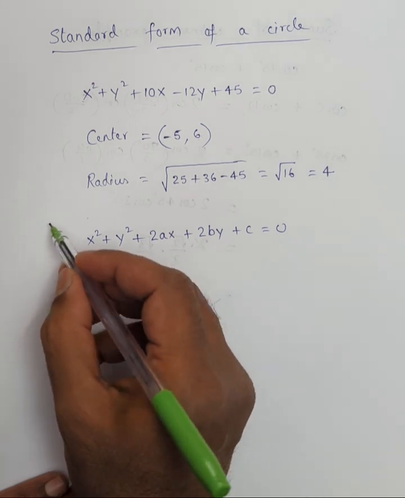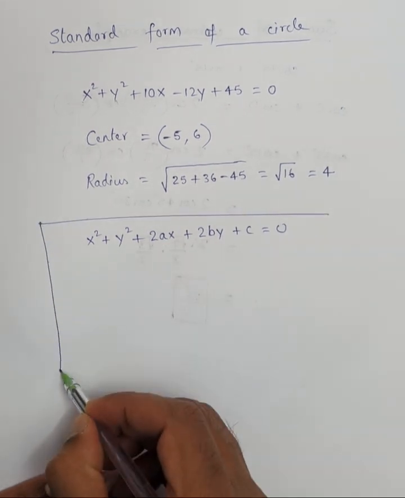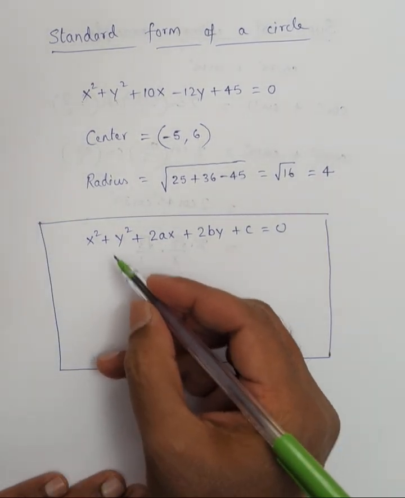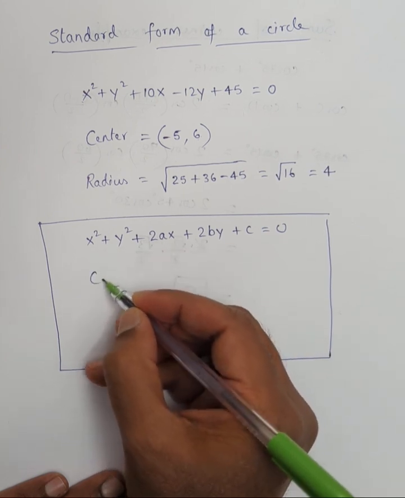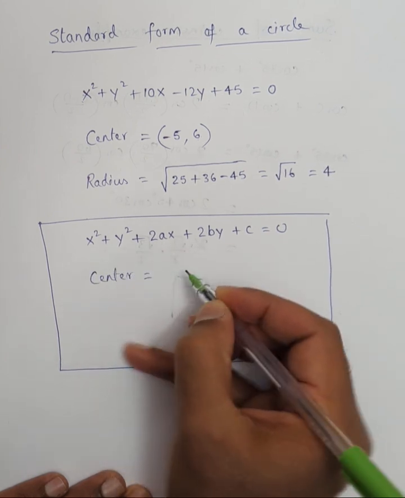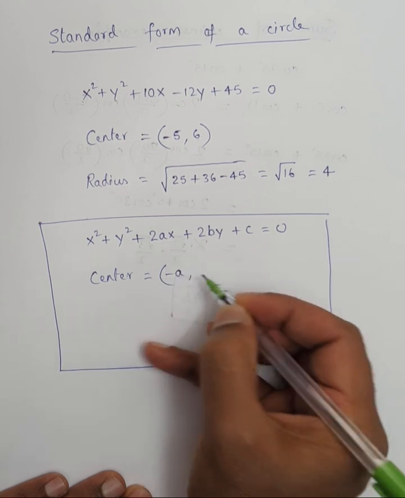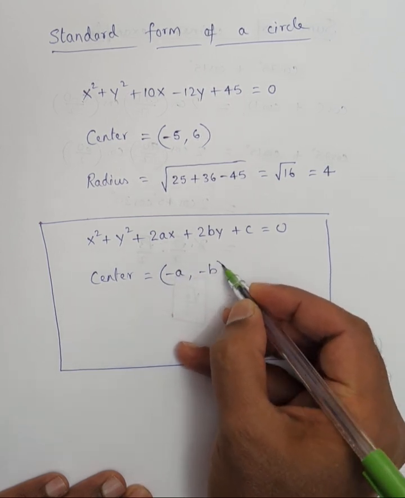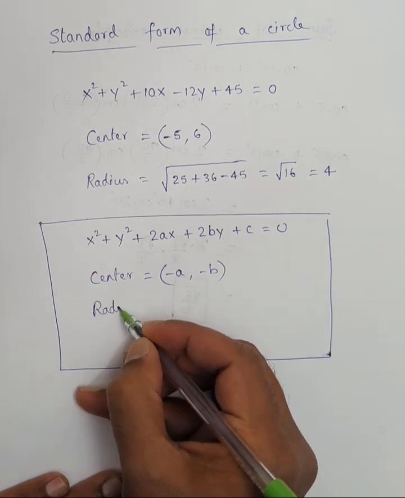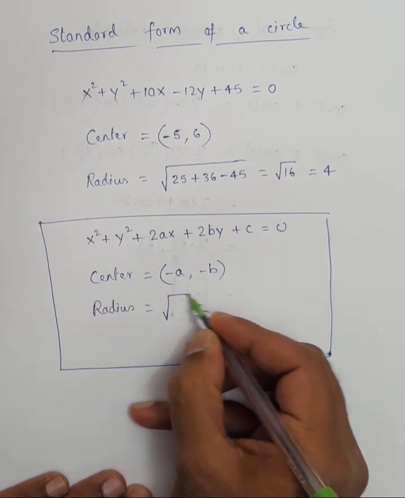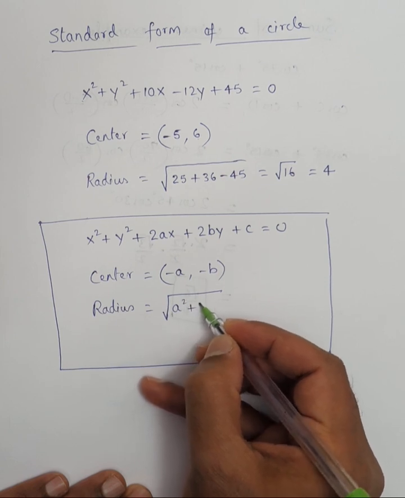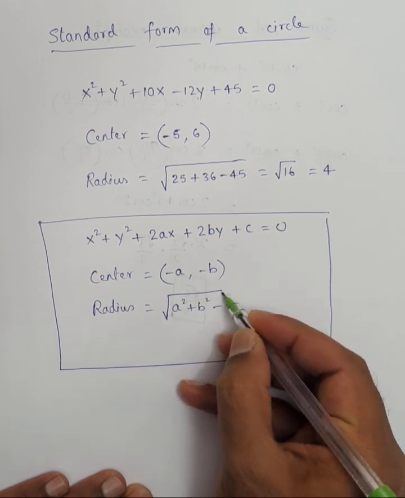Then, so here is the formula. So if that's the standard form, then center is simply opposite of a and opposite of b, and radius is square root of a² plus b² minus c.